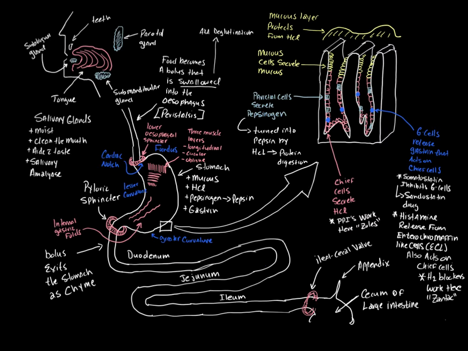Okay, so it starts here, the mouth. All right, and we have some specialized anatomy in the mouth or the oral cavity. Obviously, we have teeth, and what's the role of teeth? What do they do? Mastication, so chewing, right? So they chew food up, they tear it up, and they kind of pound it and pulverize it, and they turn the food into much smaller chunks.